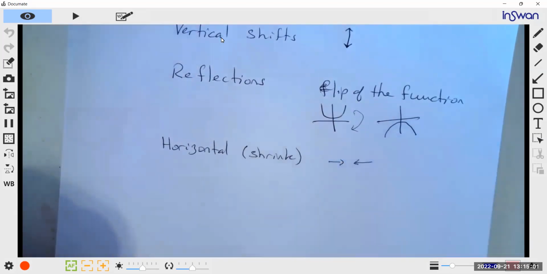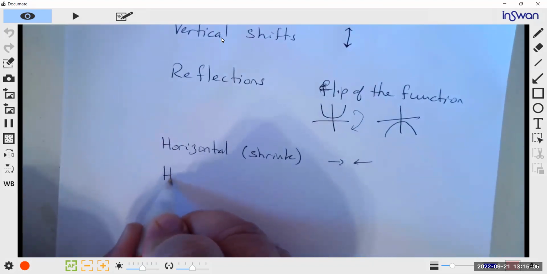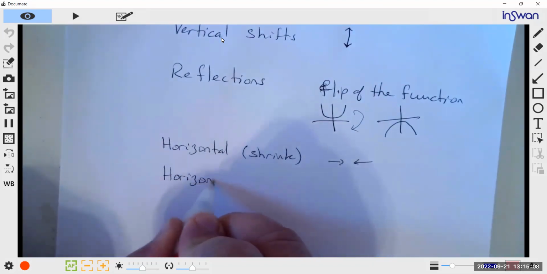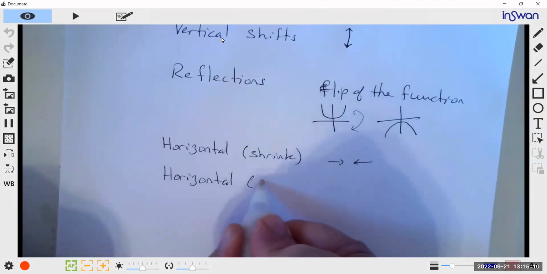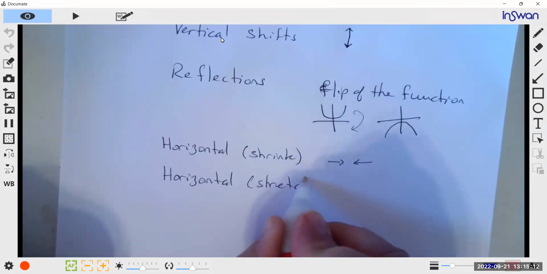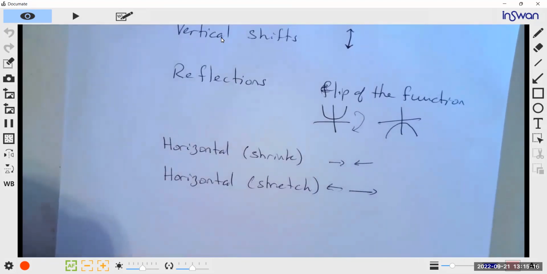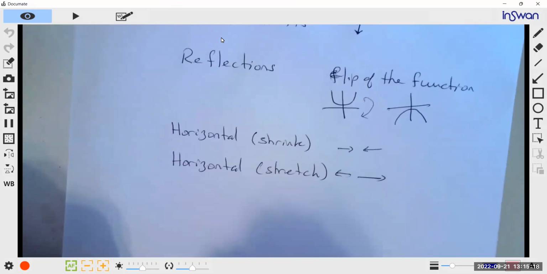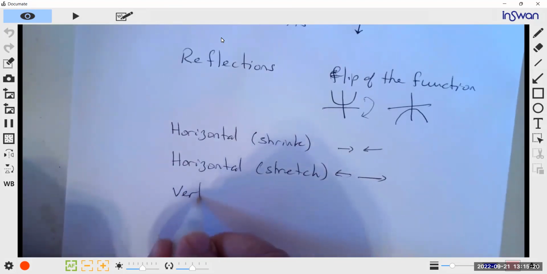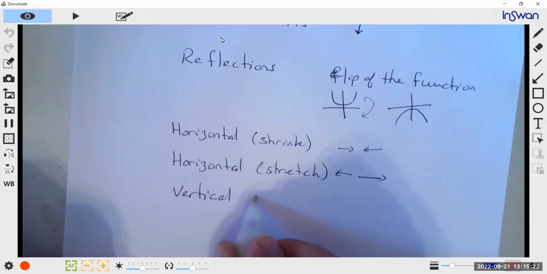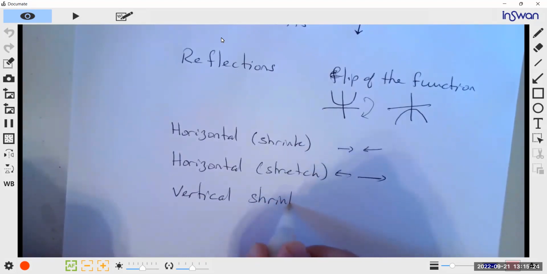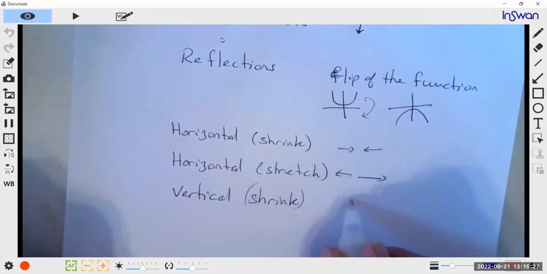That's where it pushes together. We have horizontal stretch. That's where we take the graph and pull it apart. And we have vertical shrink, which pushes the graph shorter.